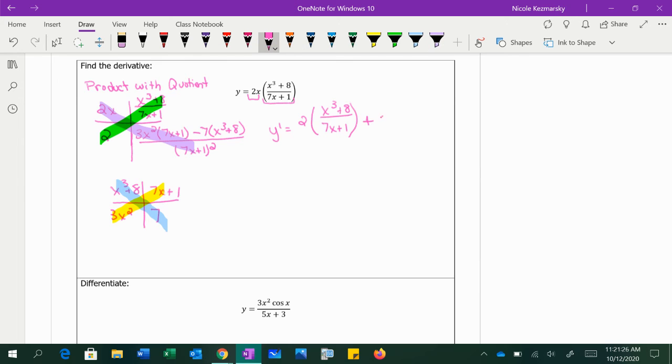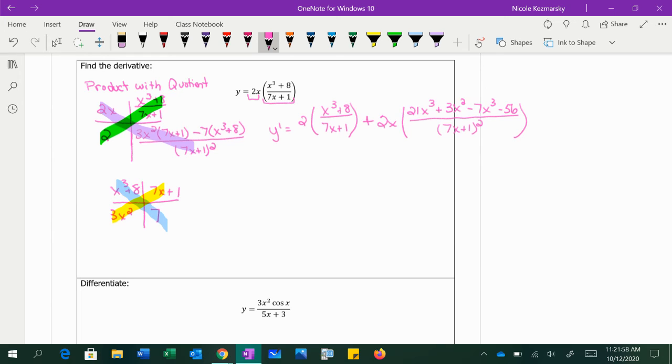And so that's going to give me 2x times, I could clean this up now if I wanted to. I could make this 21x to the third plus 3x squared minus 7x cubed minus 56 all over 7x plus 1 squared.